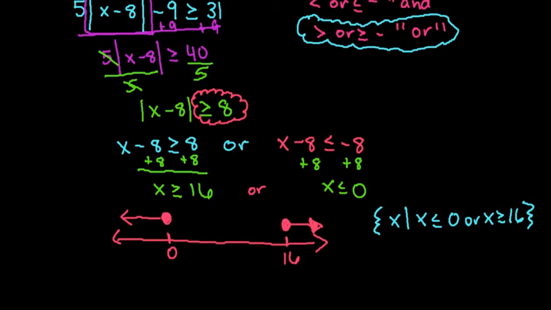And if you're using interval notation, remember we always start from left to right, so we would start with our lowest value to the left, which is negative infinity, because there really is no lower limit. Our stopping point would be 0, and since it includes it, we would use a hard bracket. Or we start again at 16, all the way to positive infinity would give us values that work in this original inequality.